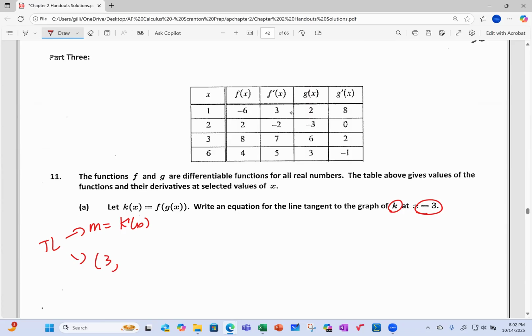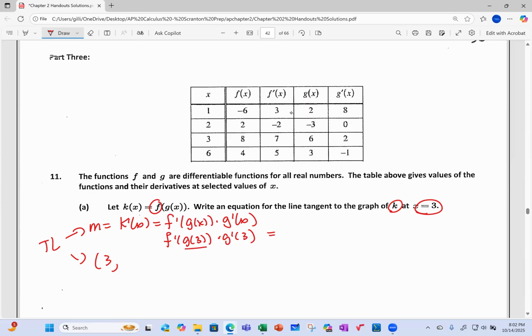So k prime, the derivative of the outside is f prime. Repeat the inside and times it by the derivative of the inside. I'm going to sub in the 3 for x, and then I'll get f prime of g at 3 times g prime at 3. Now I'm going to refer to the table to import my values.